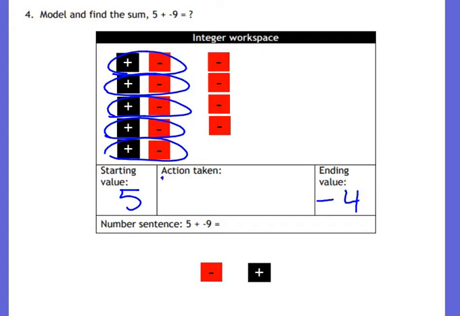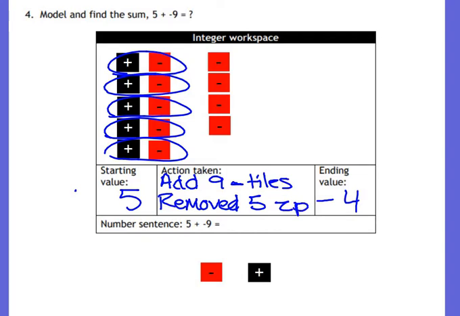I added 9 negative tiles. Then I wasn't done. Then I did what? Removed 5 0 pairs. So what did 5 plus a -9 equal? -4.